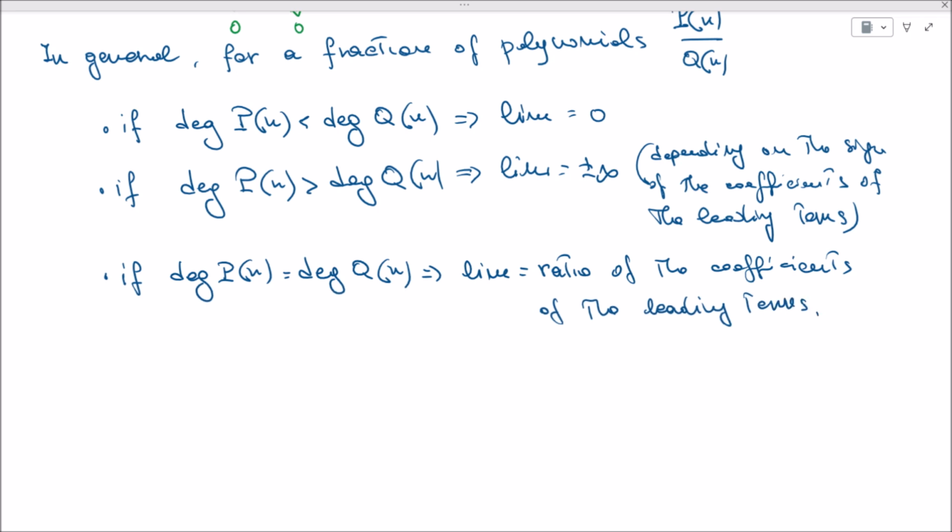Now, this rule can also be applied, so the same holds for non-integer powers.